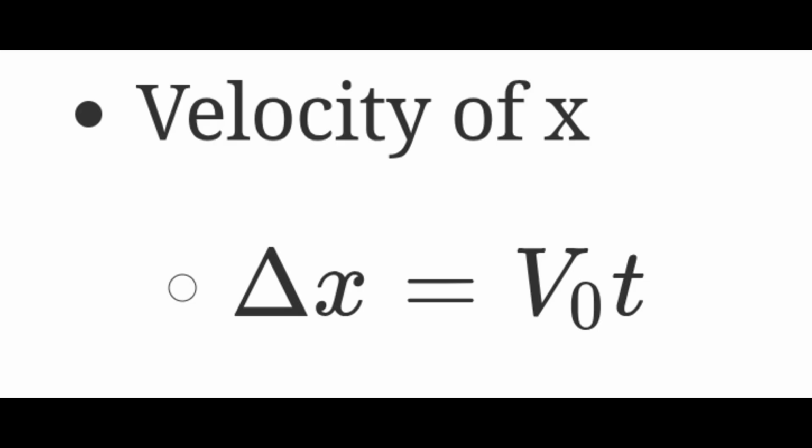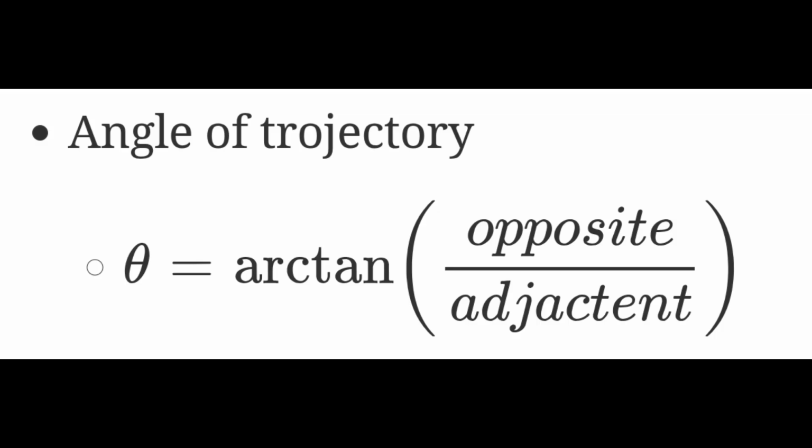So this is the formula for our x velocity, which is the change in x, or delta x, which is the final position minus the initial position, which equals the initial velocity times time. Then we're going to need to figure out the angle of our trajectory. That's the angle we're going to launch the ball at.